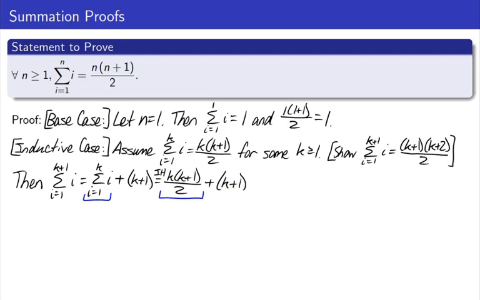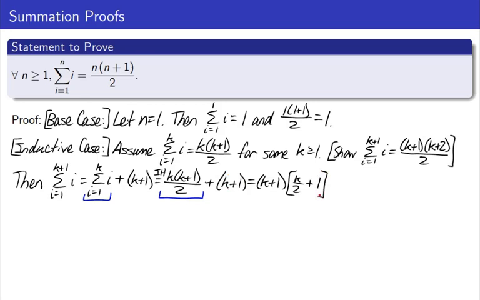And now I need to somehow show that this looks like k plus 1 times k plus 2 over 2. The clever way to do this is actually factor a k plus 1 out of the full expression. I'm left with k over 2, and then this term just becomes a 1.